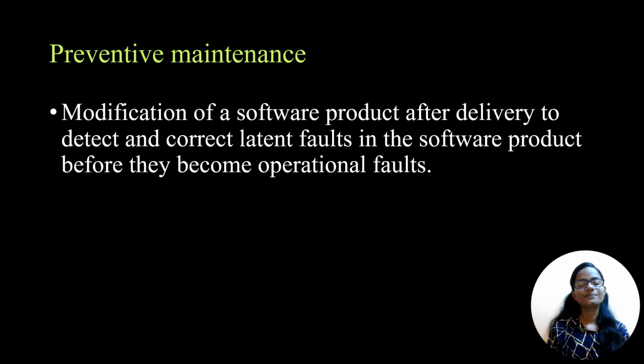Now we will see the concept of software re-engineering. When we need to update the software to keep it in the current market without changing the functionality of the system, that process is known as software re-engineering. It is a thorough process where the design of the software is changed and the programs are rewritten.